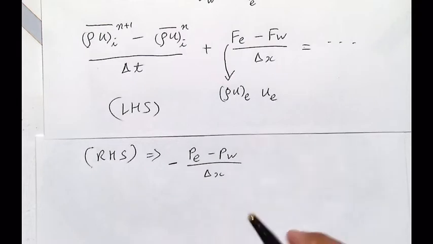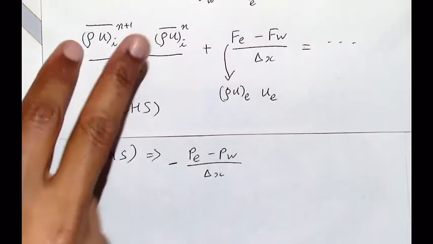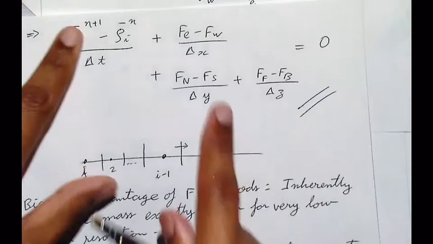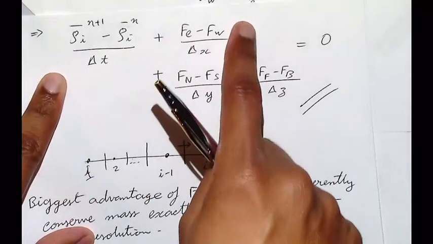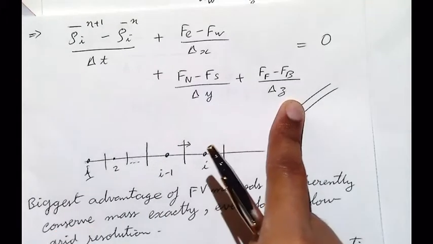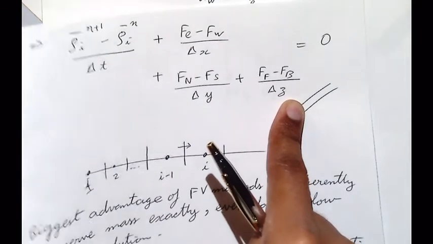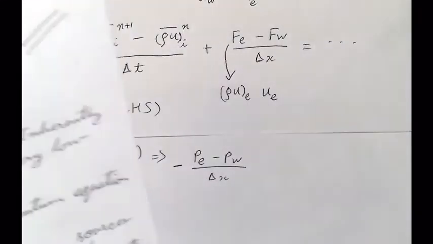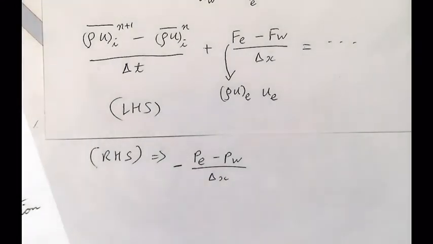It's the same thing we did in 3D. Remember this we did in full 3D. There was an A divided by V that became delta x, delta y. But when we deal with some complicated geometries, this won't simplify to this.